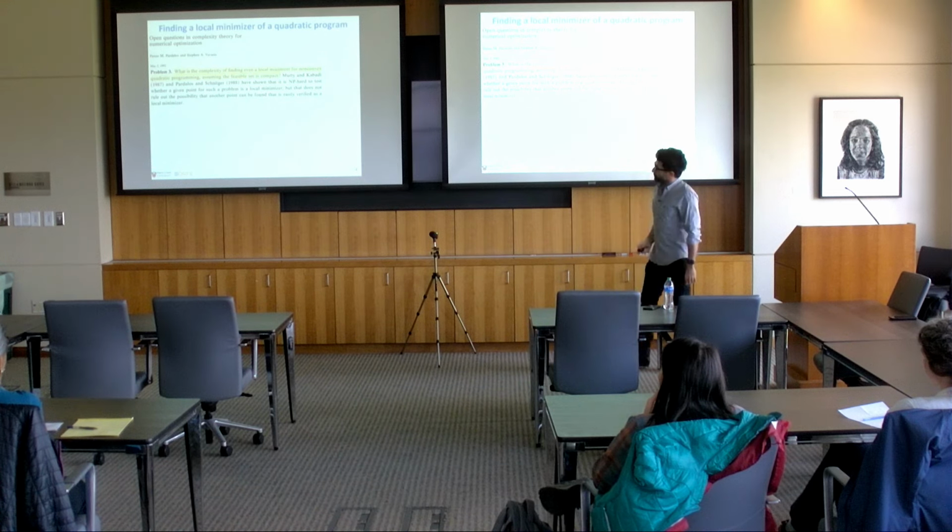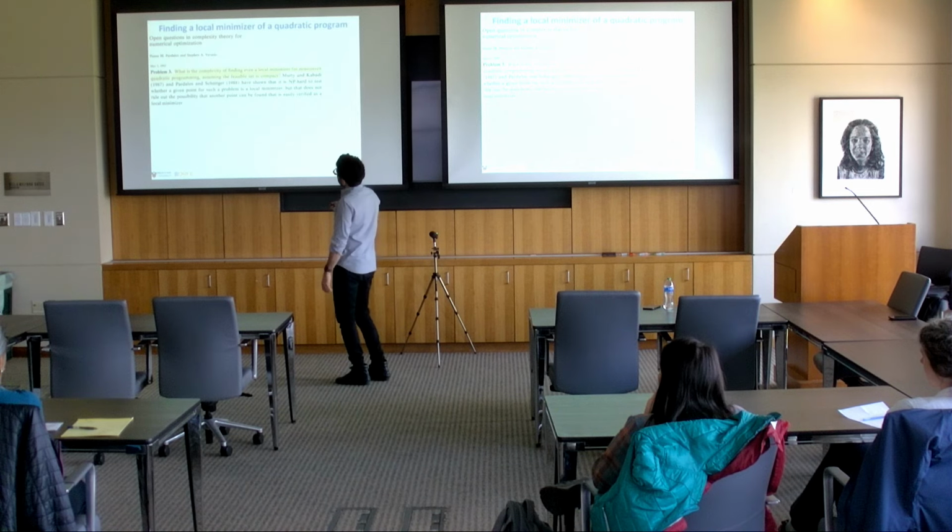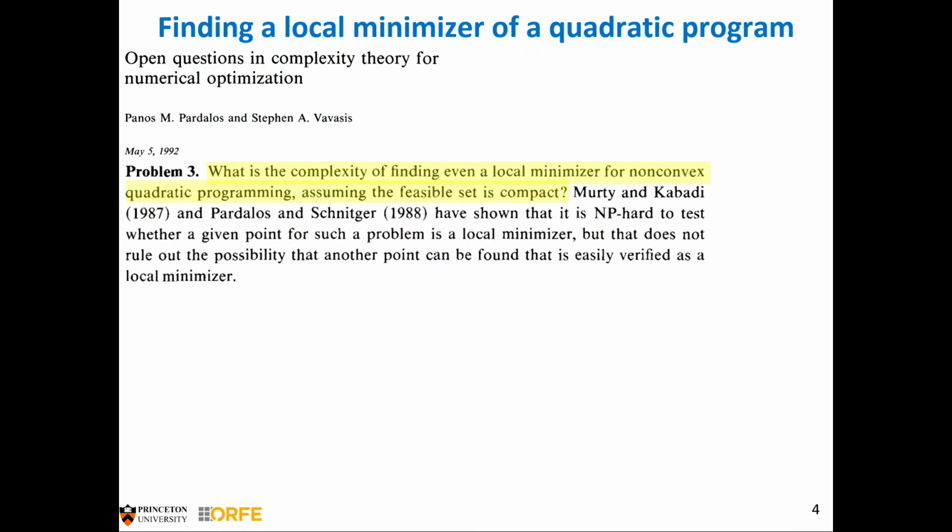Can I recognize local minima? It was already proven by Murty and Kabadi, and Ahmadi, in an influential paper that this is NP-hard for quadratic programs. But as the question suggests here, this does not rule out the possibility that there could be another point that you can find easily and verify to be a local minimizer.